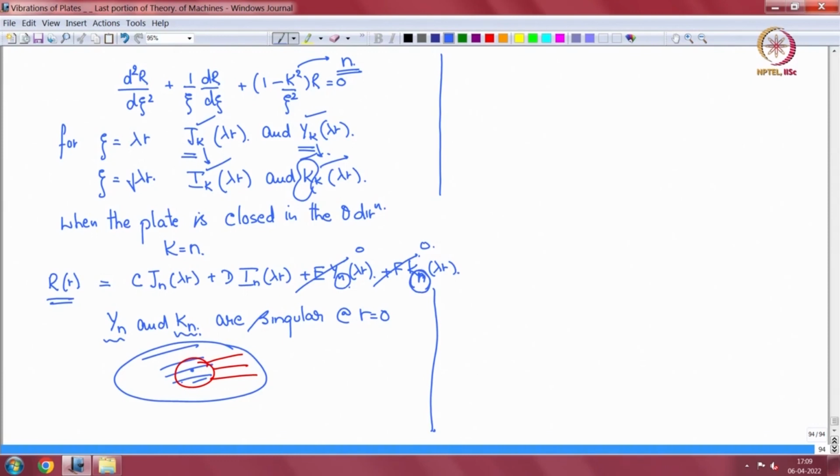So now, therefore, we will look at a case where we have a circular plate, closed in the theta direction, which means k must be an integer n, and the origin is included, the origin is part of the domain.